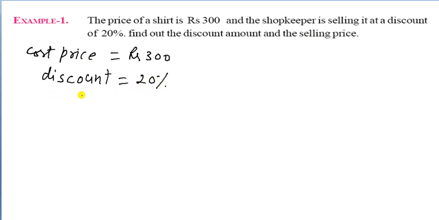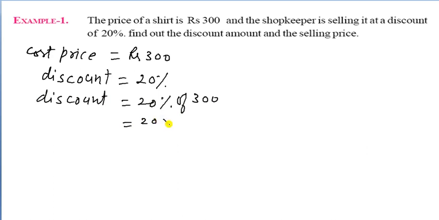So first we calculate the discount. The discount is 20% of 300, so it is 20 upon 100 into 300. The 0 will be cancelled out and this 0 will also be cancelled out. So we get 3 times 20, that is 60 rupees.